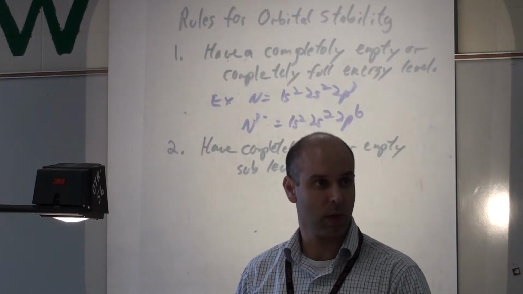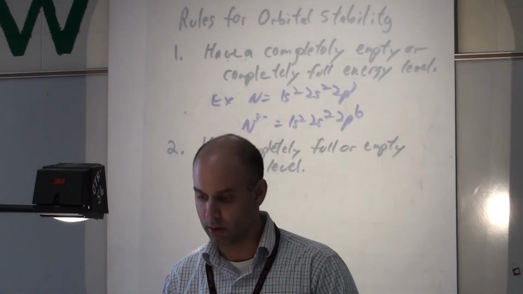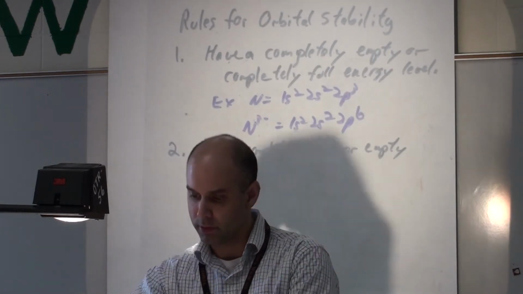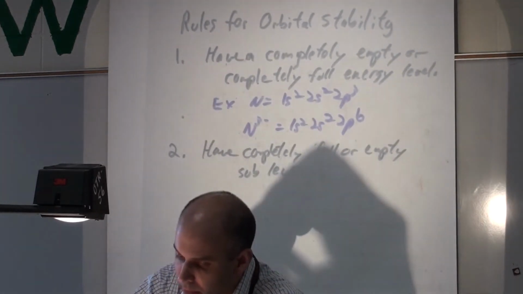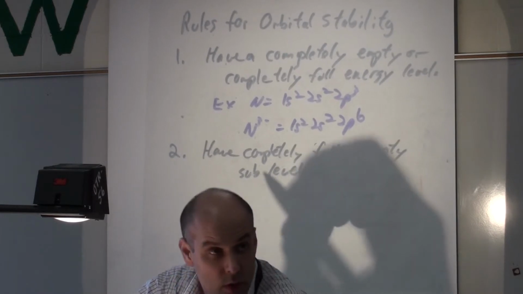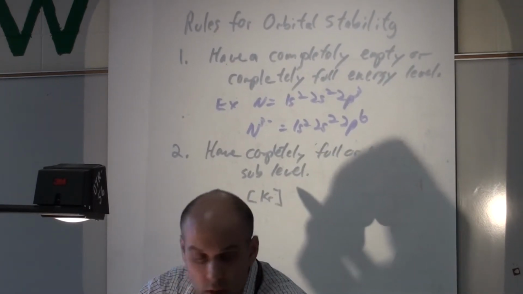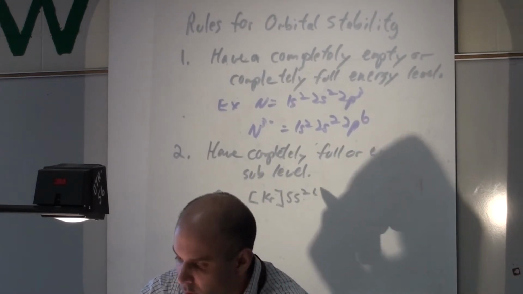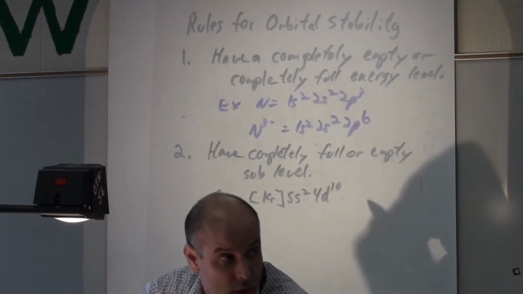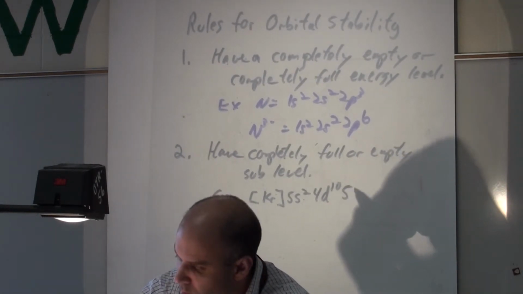Suppose we can do that one. Tin. Actually, that's a good one to do. So tin normally is krypton 5s2 4d10 5p2.